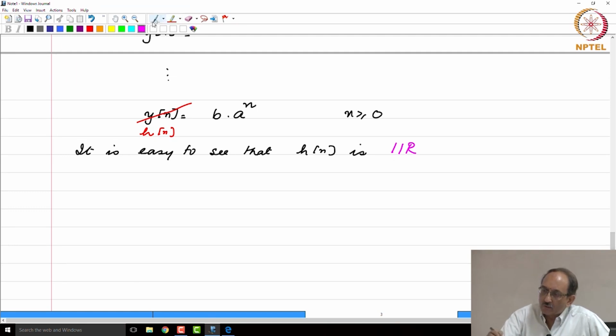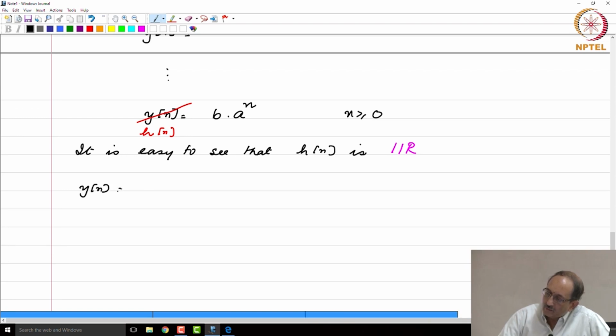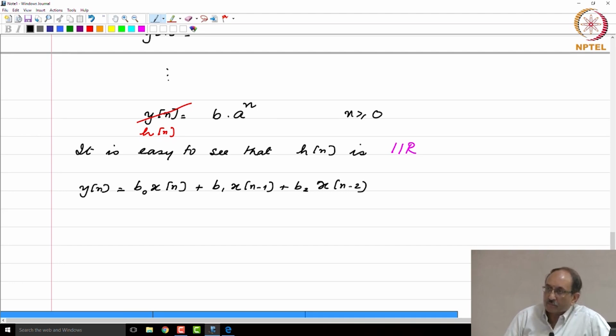Now, let us look at this particular example. y of n is b0 x of n plus b1 x of n minus 1 plus b2 x of n minus 2. So, this is the input output relationship, and what is h of n?